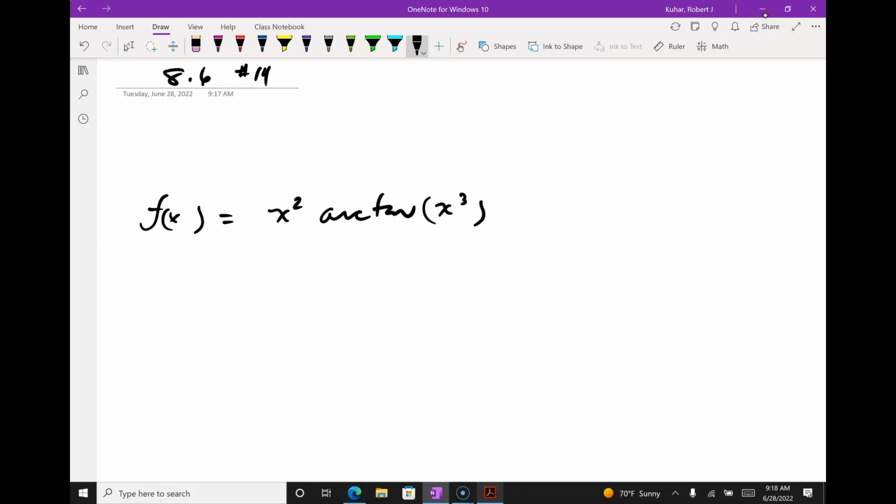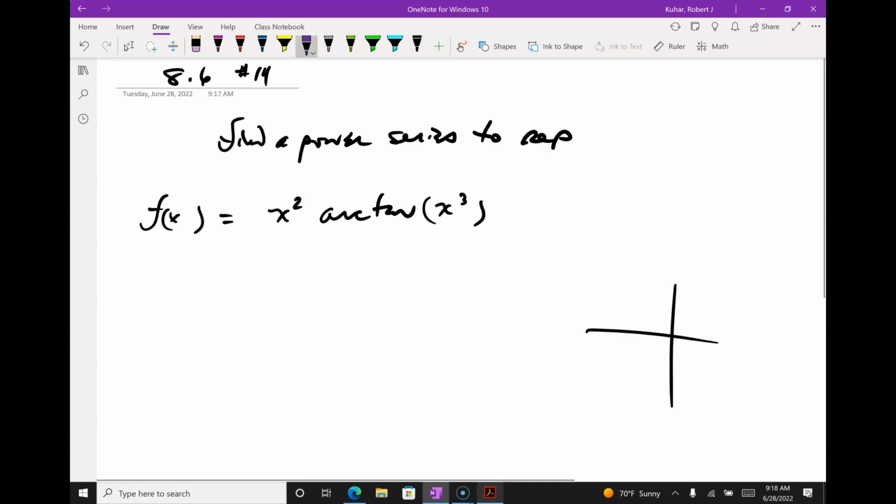I want a power series to represent this. And then we're going to find the radius of convergence. Can you picture arctan? Right, it's doing something like this. So there's no issue of an asymptote here blocking off the radius.